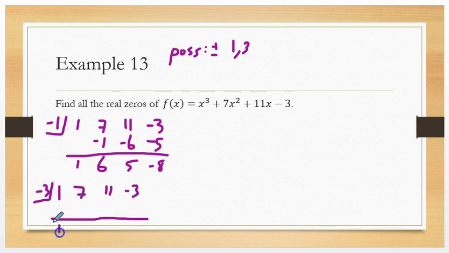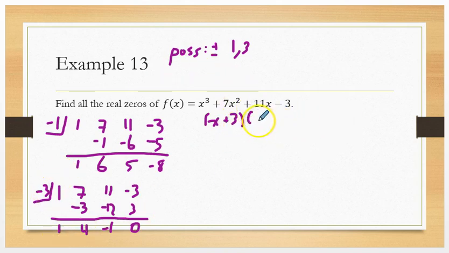First number comes down, multiply, add, multiply, add, and multiply, add. Now that one did work, which means I now have the polynomial breakdown as x plus 3. If the solution was -3, then the factor is x plus 3.